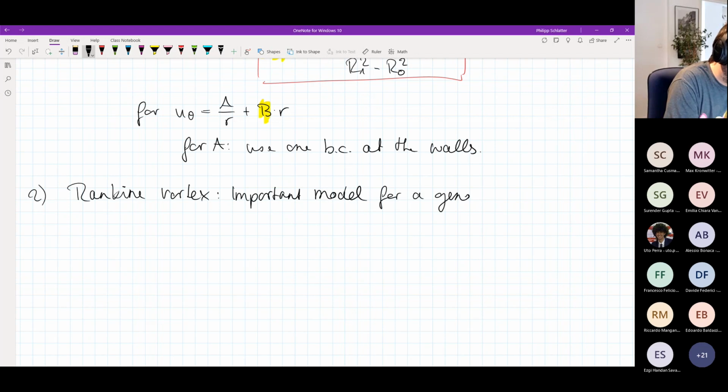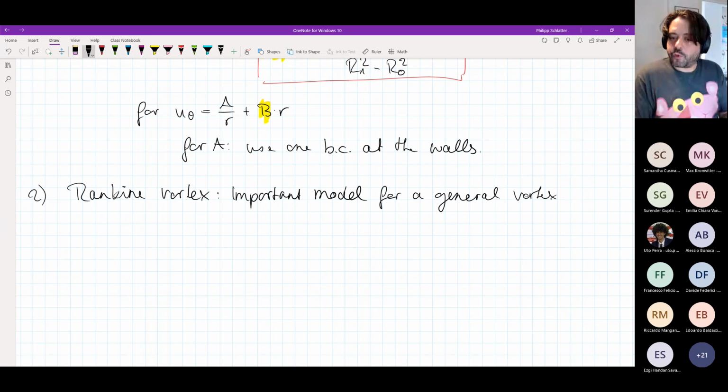So whenever you want to have a vortex in a flow field, you can take as the simplest example a Rankine vortex and essentially assume your flow field to be built up of a number of these model vortices. There are different types of model vortices in the literature, Lamb-Oseen vortices, and so on.